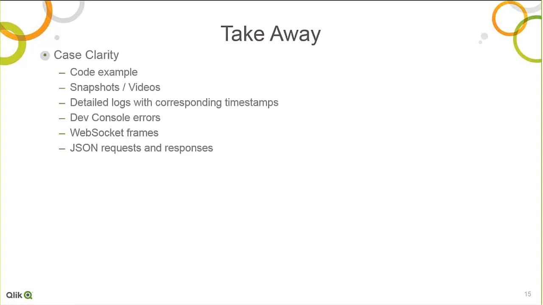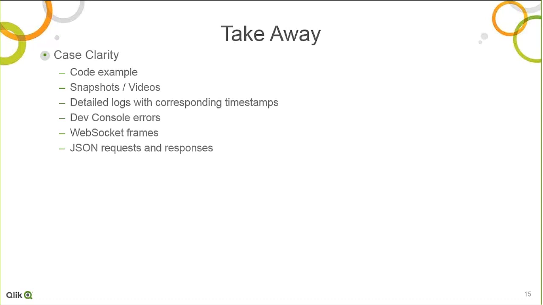For example, make a coded example with snapshots, videos, or detailed logs, the debug logs we have talked about, with corresponding timestamps. Don't send over a month or years of log files. That will just make things much slower. We need a very accurate timestamp.